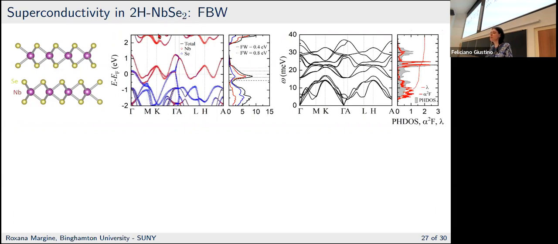Niobium disulfide and niobium diselenide are good cases to look at, because as you can see, in the vicinity of the Fermi level, there is this peak. The dashed line here is the Fermi level, and this is just a peak that appears just below the Fermi level.